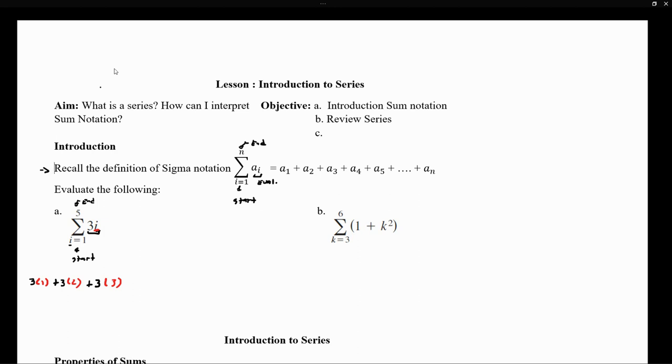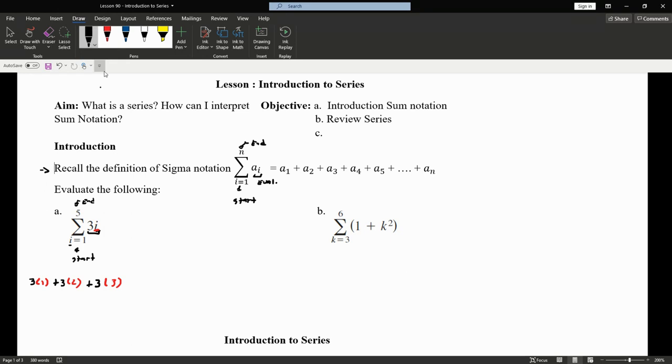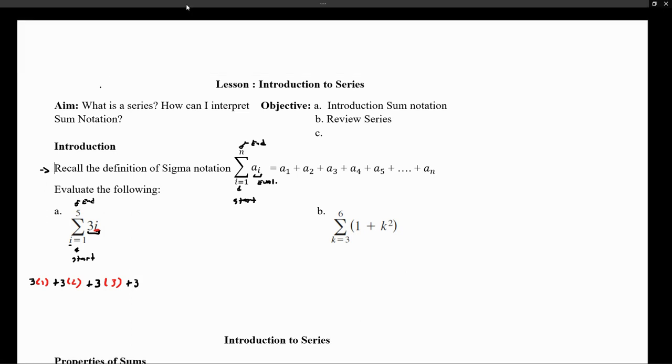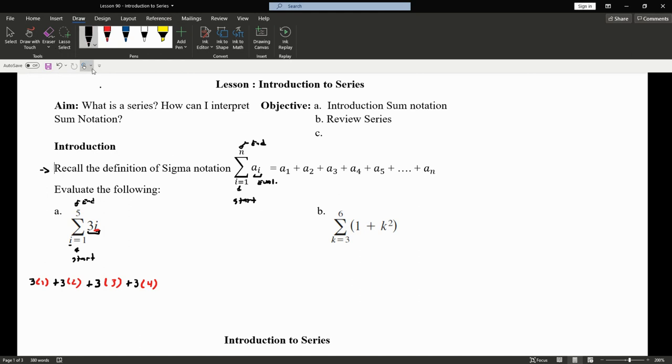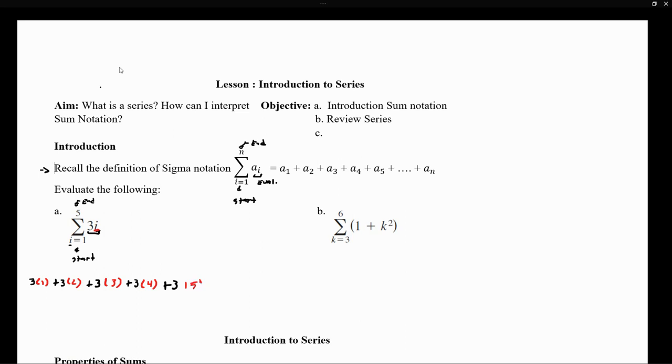And we're going to do this until we evaluate it at the value of 5. So let's add the next same expression, but now it's being evaluated at 4. So i is equal to 4 now. And we're going to do the same one more time: 3i evaluated at 5, so that's 3 times 5. And notice that we have to stop here, because the top of my sigma is saying you stop at 5. We stop when we evaluate the expression at a value of 5.